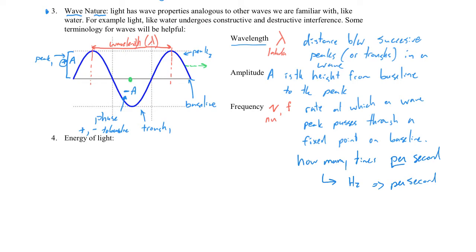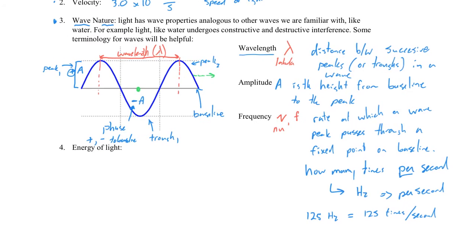Okay, so if we had something that was, say, like 125 hertz, that is equivalent to saying it's 125 times per second, okay, at a rate of 125 times per second. That wave is passing through a point, okay, and that's called the frequency. And we give the symbol nu, or F, to that.